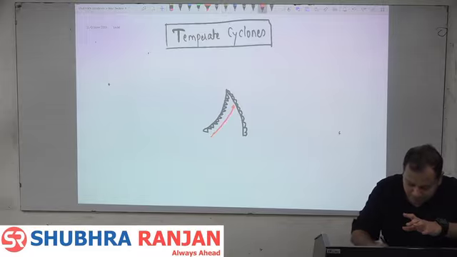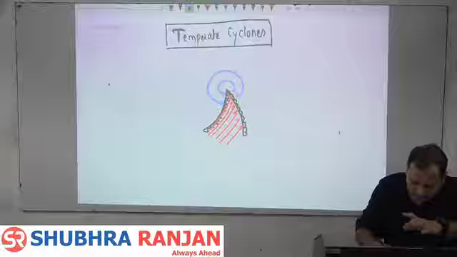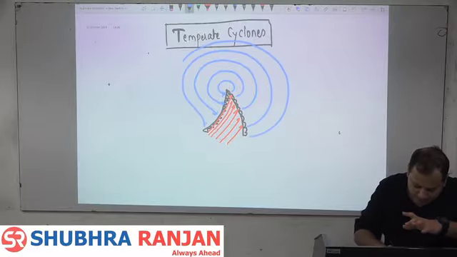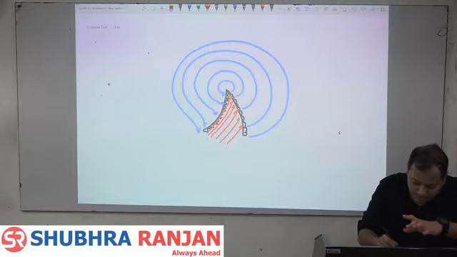This is the region from where the warm air is blowing. This is again a region of warm air. And this warm air that is trapped inside is surrounded by extremely cold air. And as a result of this, if we draw any kind of a phenomena in which there is a circular motion of the air, we will call that phenomena as the temperate cyclones.